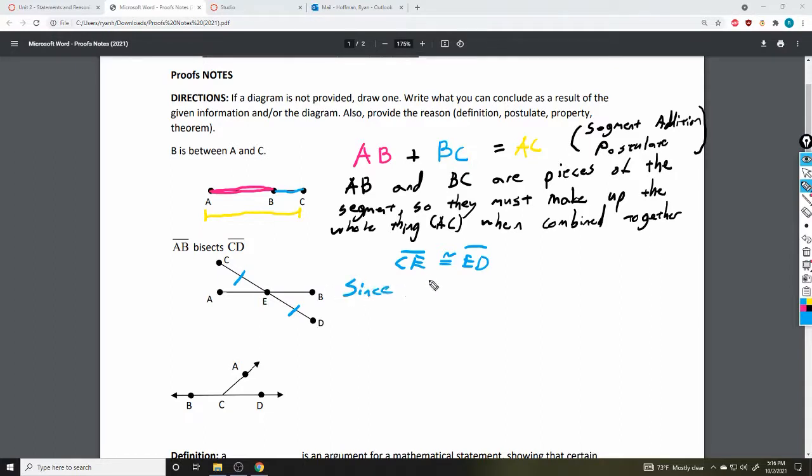Since C to D is being bisected, it must be split, and we're going to say where it's being split exactly, which is at point E, into two equal pieces, which is why we're making them congruent.